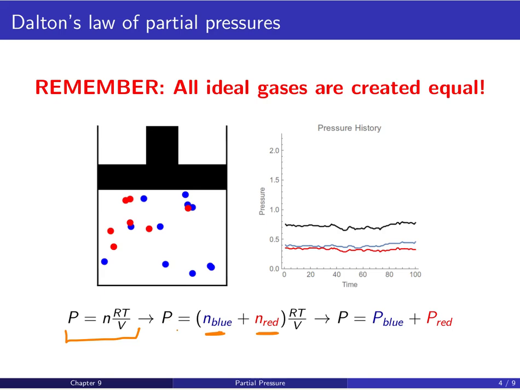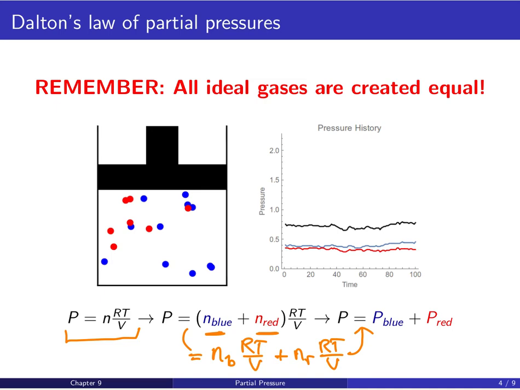So if we were to separate this out, we could write this as, in blue, I'll abbreviate blue with a B, n_B RT over V, plus in red, n_R RT over V, which is simply the pressure resulting from the blue atoms plus the pressure resulting from the red atoms.